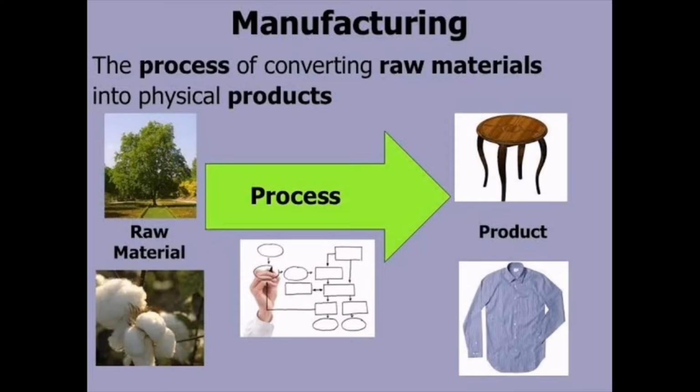But if it is processed in the factory and converted into a durable product, like for example juice, squash, or jams, all of these are durable products, they last longer. If you take fruit and if you take a jam, you will find that the jam lasts longer because it is converted into a durable product. After going through some processes, it has converted into a jam, and the jam has a longer life than the fruit.